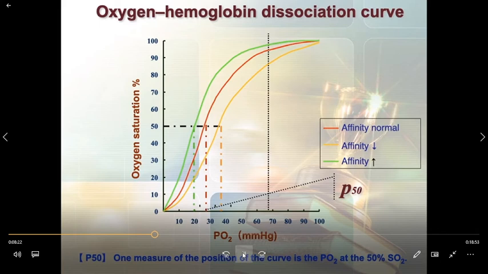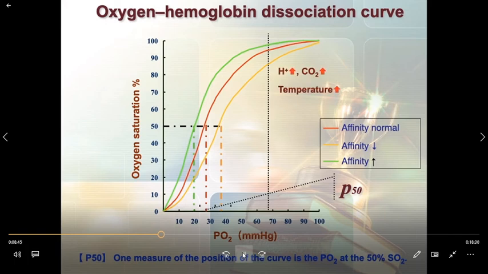Then the P50 at the 50% saturation level is decreased. It's decreased, meaning the oxygen is more prone to combine with hemoglobin.